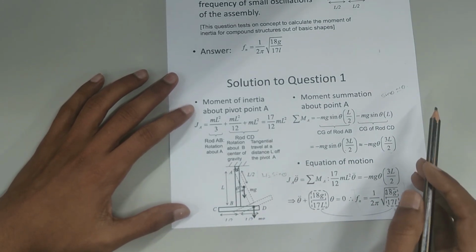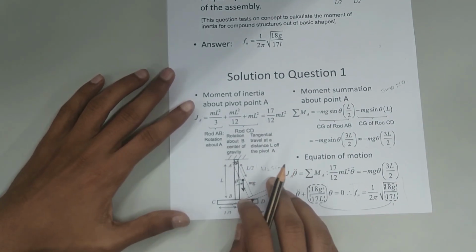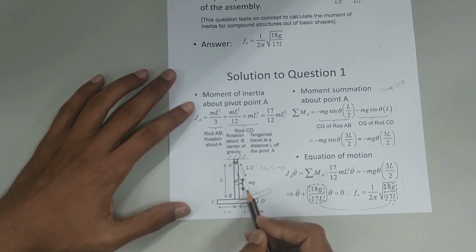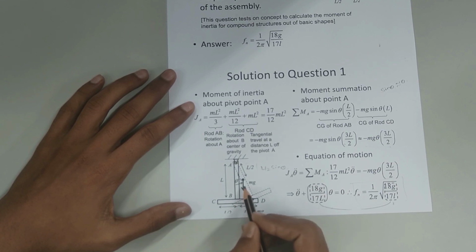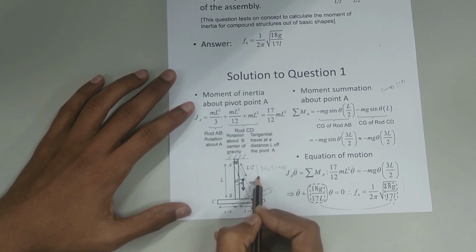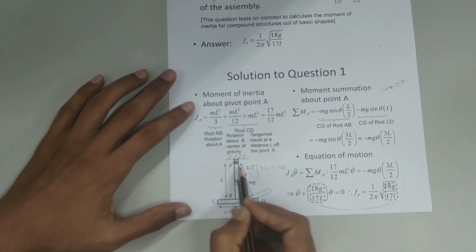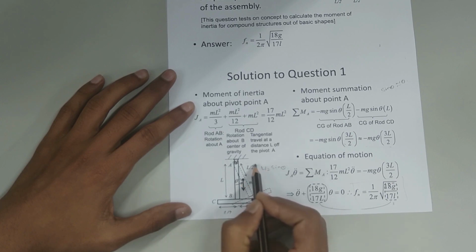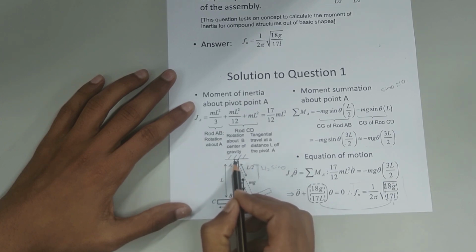So the total is 17 by 12 mL². Now if we deflect the rod about point A by an angle theta, for small oscillation, the weight of the first rod, mg, is acting downward, and its center of gravity is at a distance of L by 2 sine theta from point A, as half of the rod is L by 2.